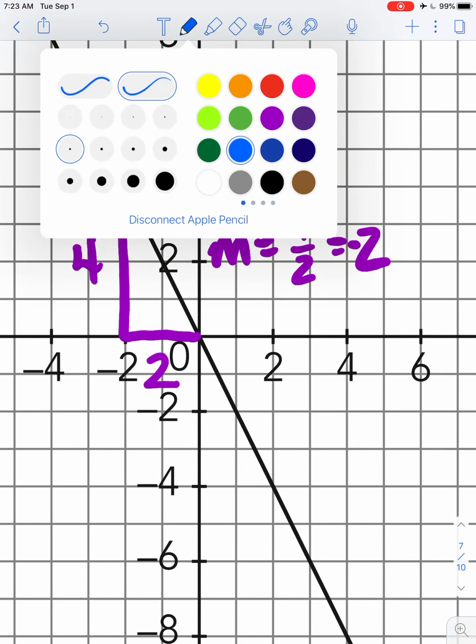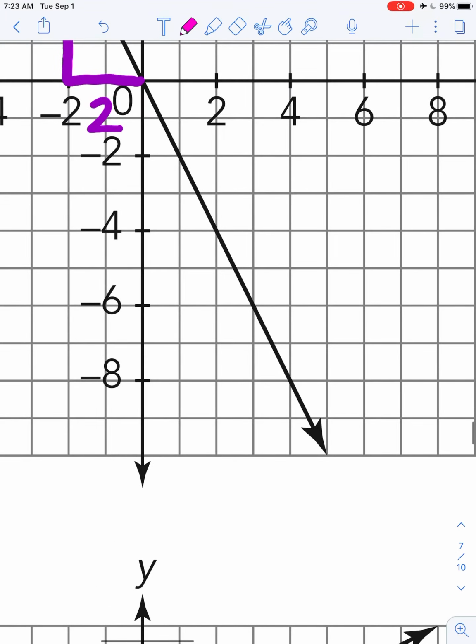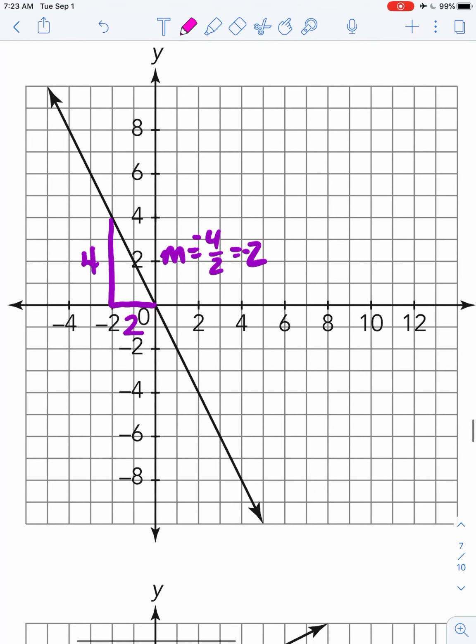We'll do it pink. I'm going to do a big triangle. I'm going to use this point, and we'll use this point. I went over 1, 2, 3, and up 1, 2, 3, 4, 5, 6, 7 times.